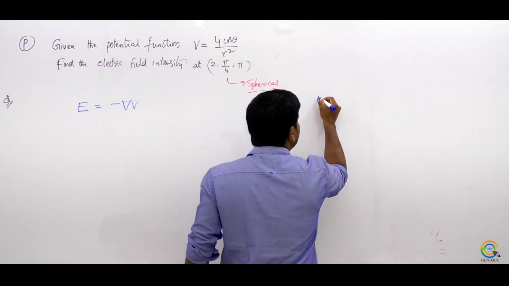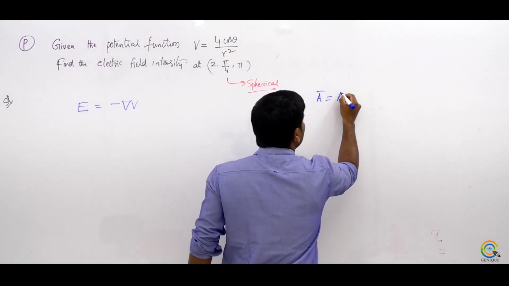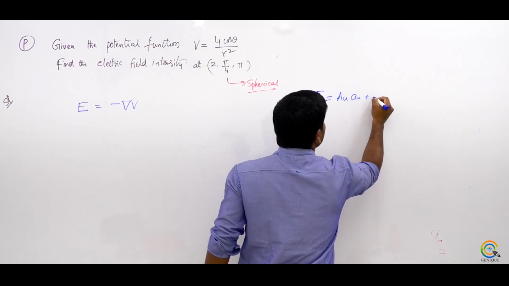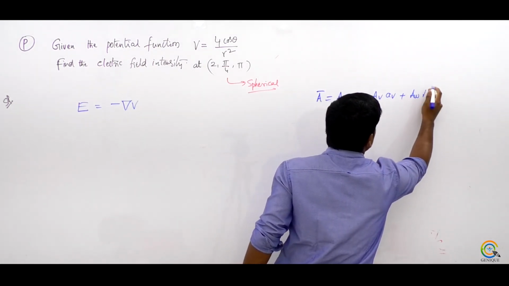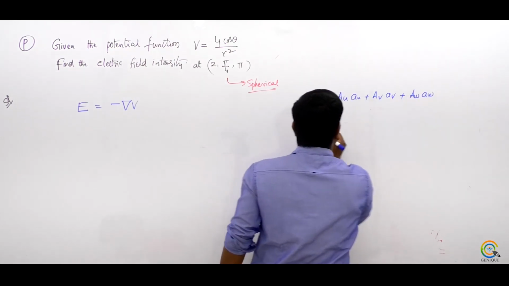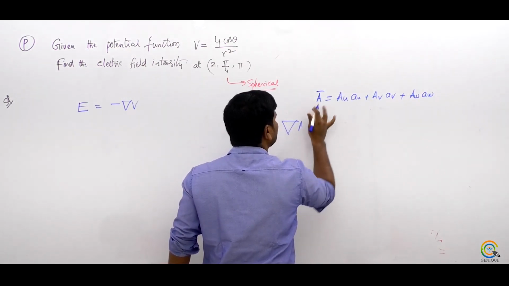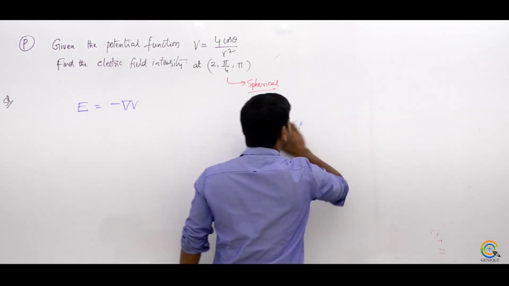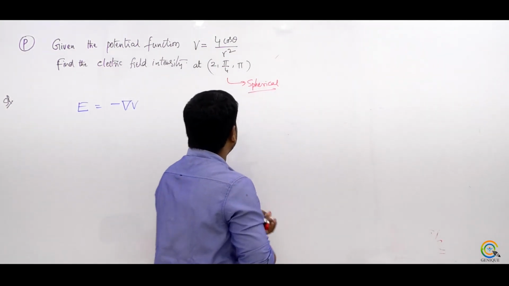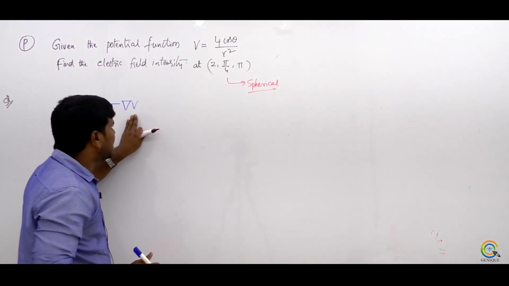Suppose we take any vector A bar equal to AU au plus AV av plus AW aw. The gradient can be operated only on a scalar quantity.